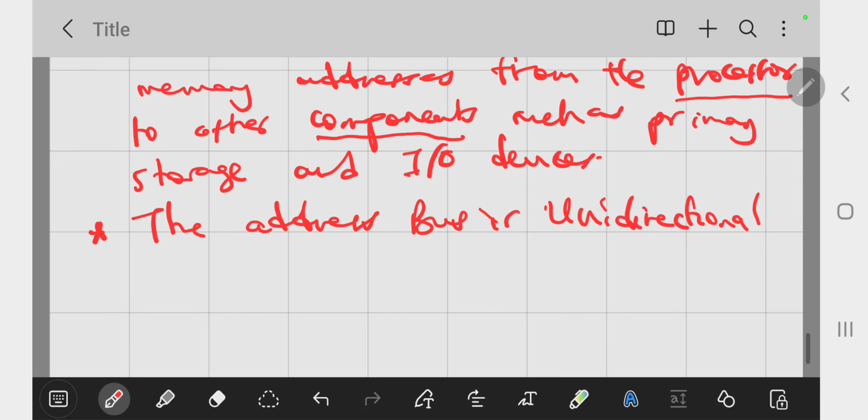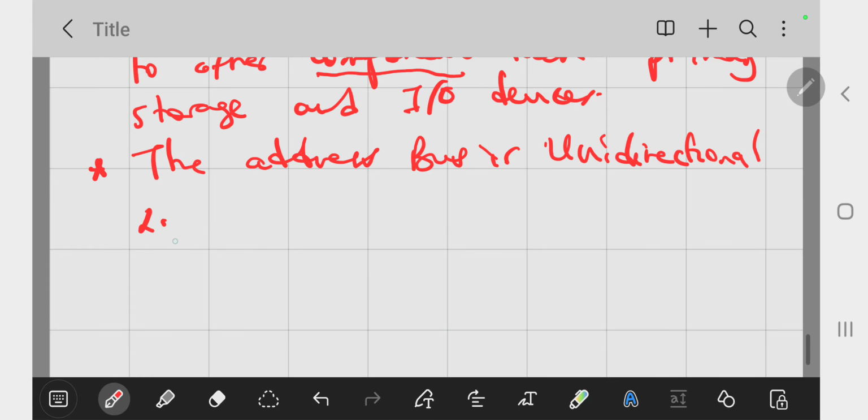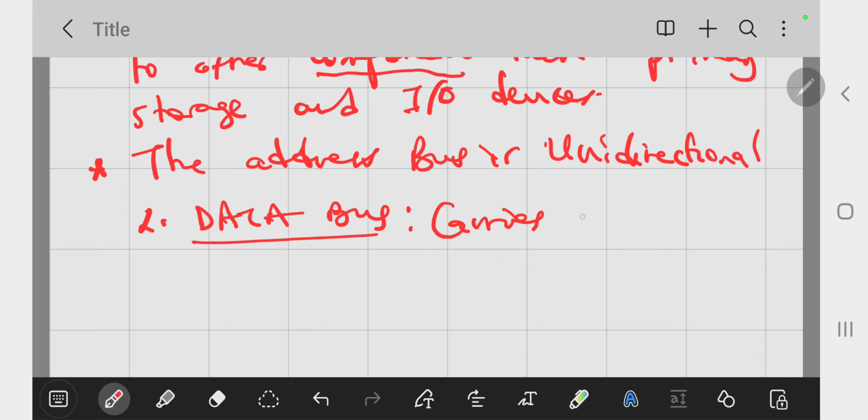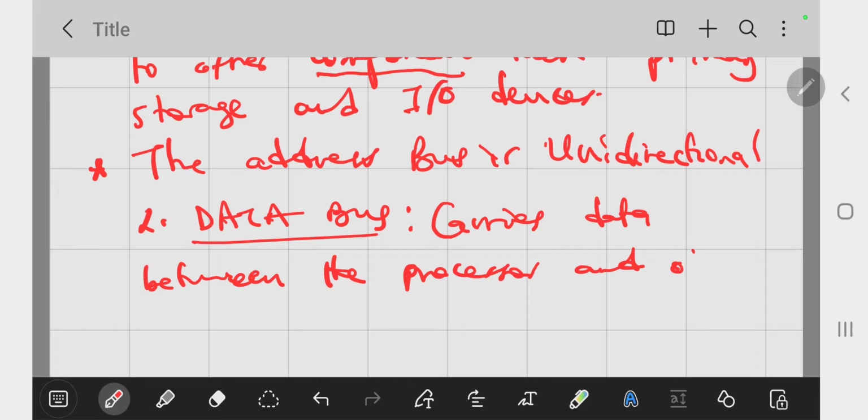Moving on, we also want to know what a data bus is. When we look at a data bus, it also carries something, but what is that something? We can say it carries data between, and this is very much important, between the processor and other components.